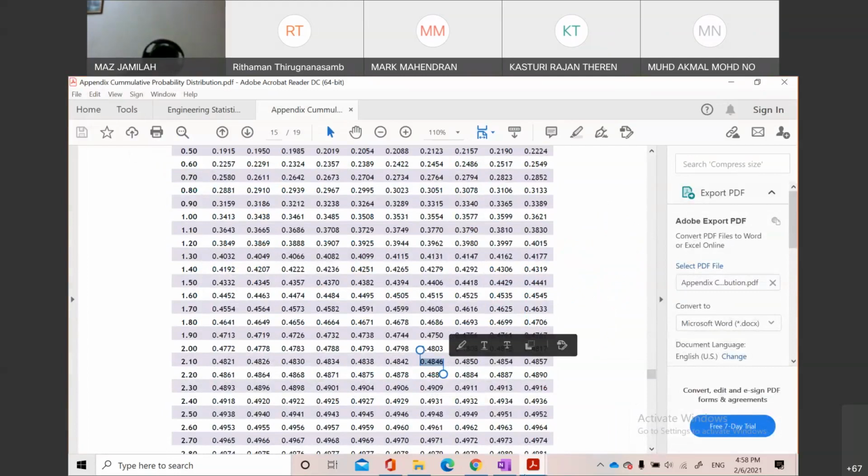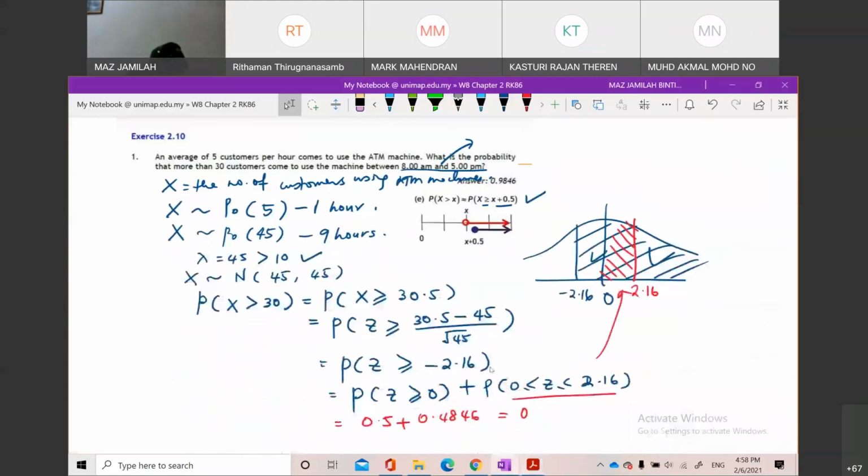So you will get 0.9846. So what is the probability? This is the probability, highly likely: a 98.5% chance that this event will occur.